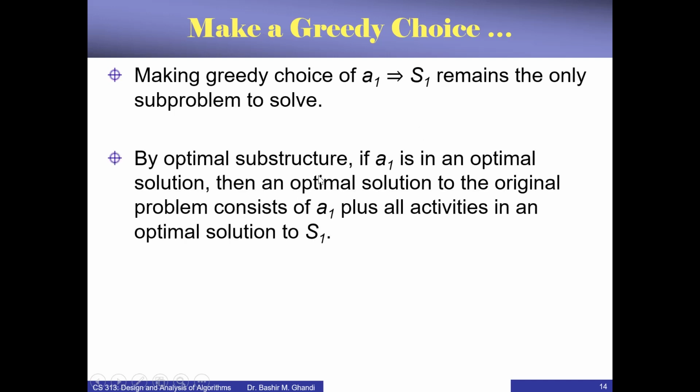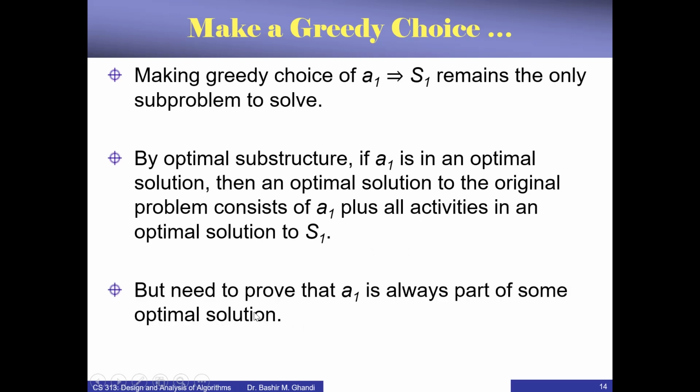Now, by optimal substructure, if A1 is in an optimal solution, then an optimal solution to the original problem will consist of A1 plus all activities in an optimal solution to S1.